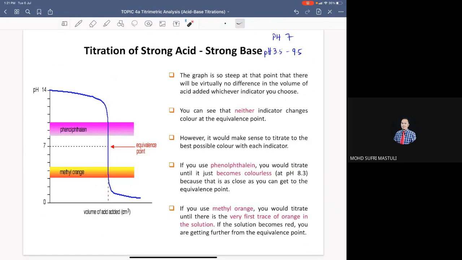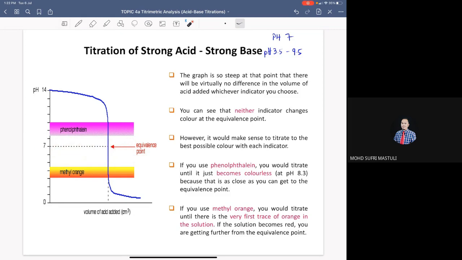The graph is steep. So you can see that no indicator changes color exactly at the equivalence point, because for a strong acid and strong base the equivalence point is 7. So no indicator will show the color change at the equivalence point. As you can see, the equivalence point is colorless.